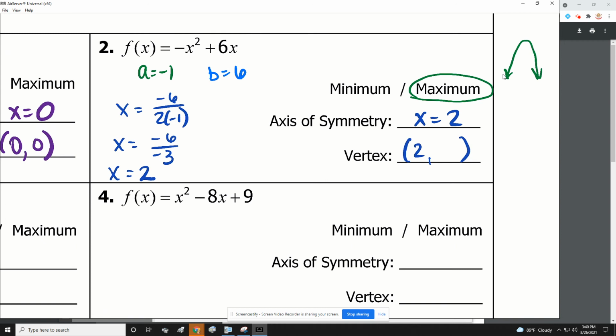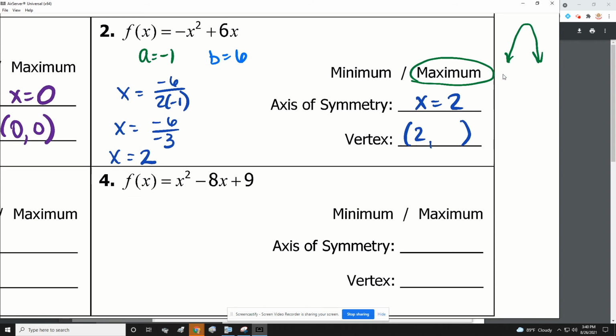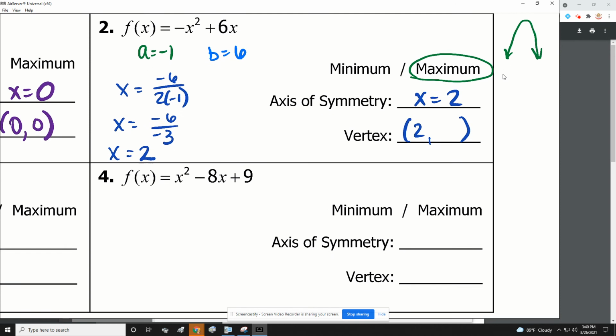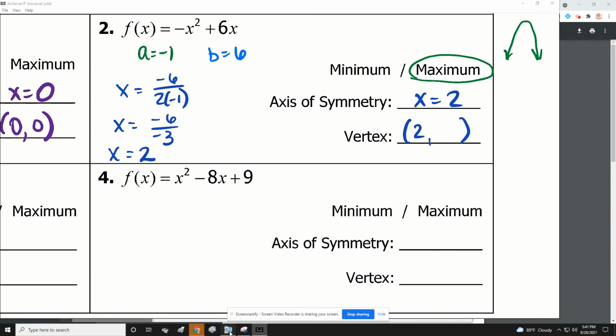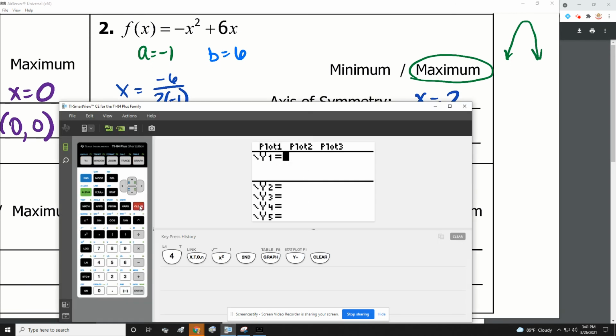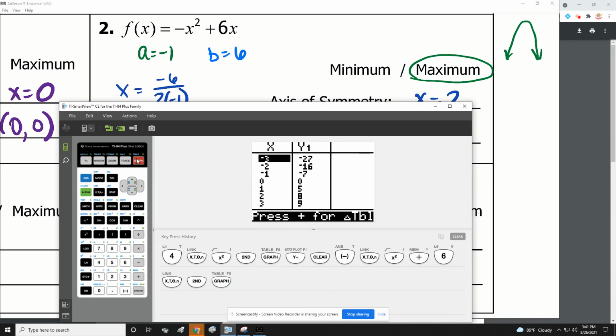So I know that the x part of my vertex is going to be 2. So I'll go to my calculator. I'll plug in the function and go to the table. Now what I want to do is scroll around until I get 2 in the middle.